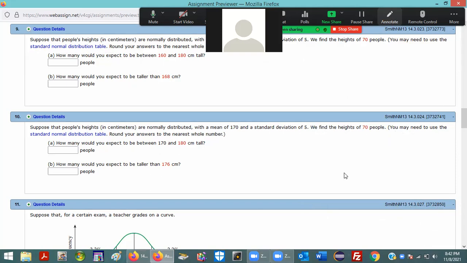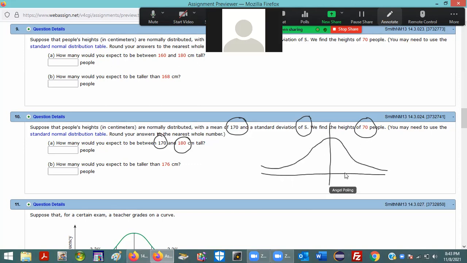Same sort of deal for 10. 170, standard deviation of 5, 70 people. This time they want to know between 170 and 180, 180 being 2 standard deviations.